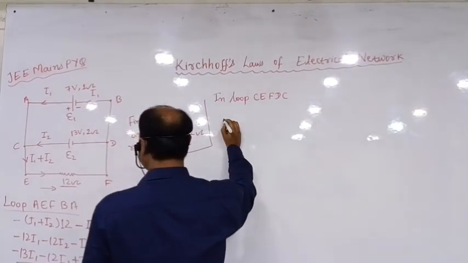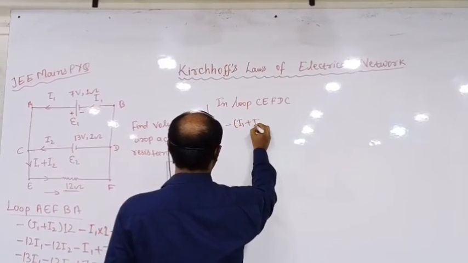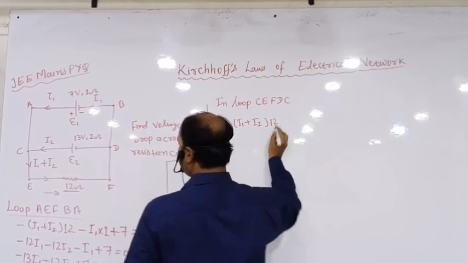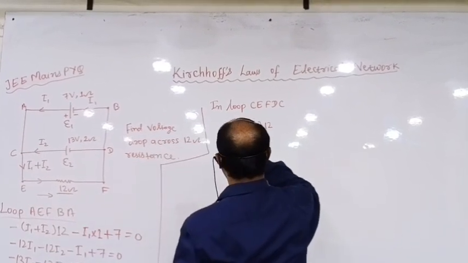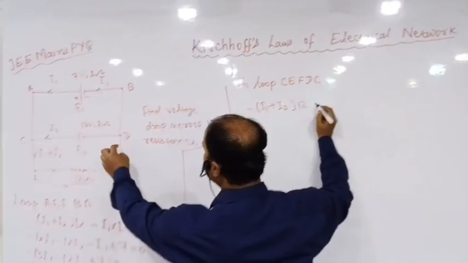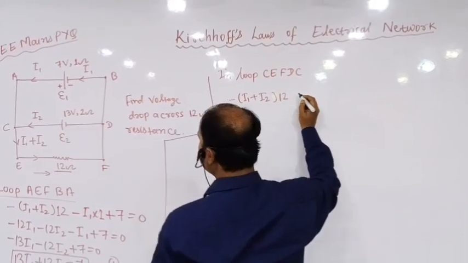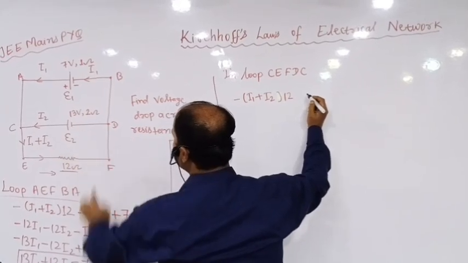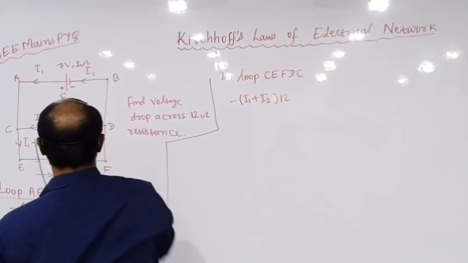From E to F it is minus (I1 plus I2) into 12, because we are moving in the same direction of current. From F to D there is no element. From D to C, there is 2 ohm internal resistance and I2 current flows in this circuit.